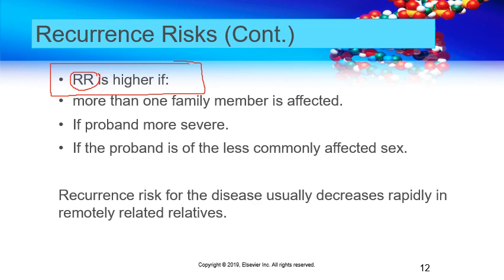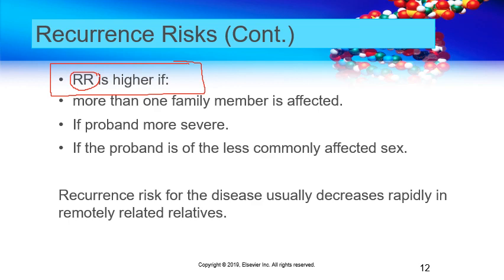This is why we say that when we're talking about the breast cancer risk, it's really only a matter of the parents. If the mother has breast cancer, then that increases the risk of the daughter. If the grandmother had it, that doesn't necessarily increase her risk of having breast cancer.